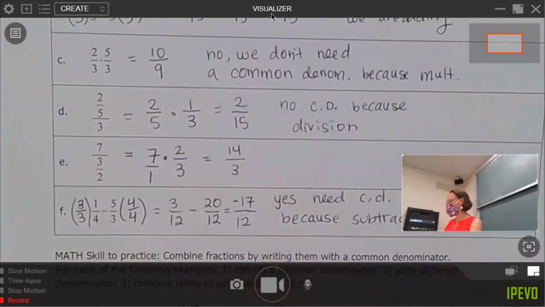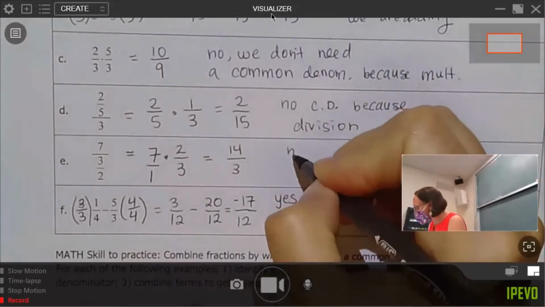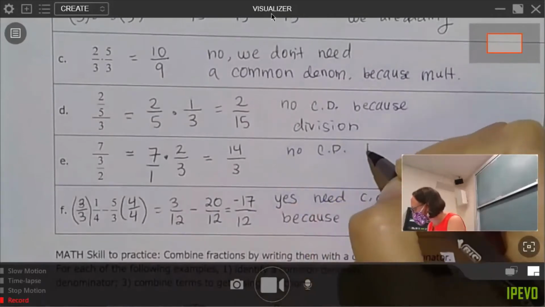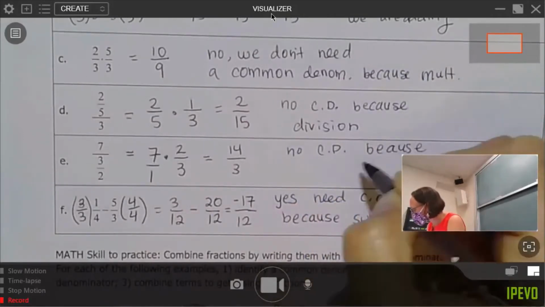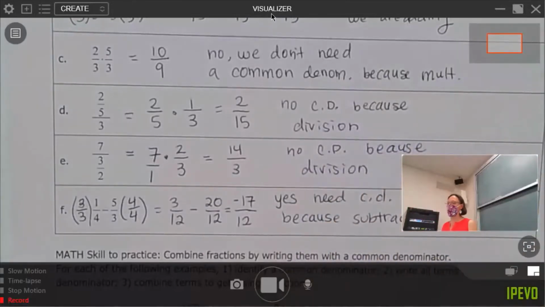Yeah, for sure. And thank you all for asking questions. I really do appreciate it. Oh yeah, sorry, no common denominator because we're doing division. We only need that common denominator when we're doing addition or subtraction.